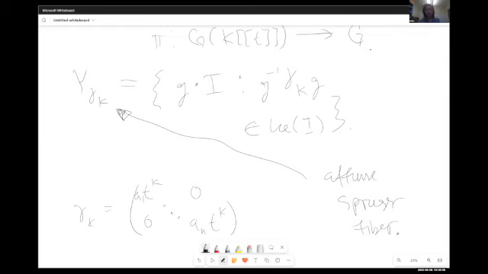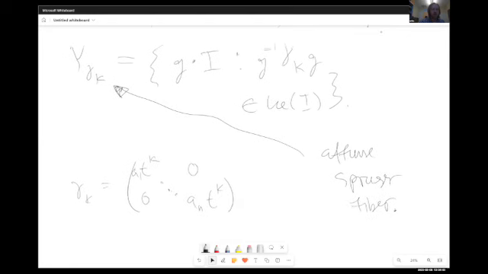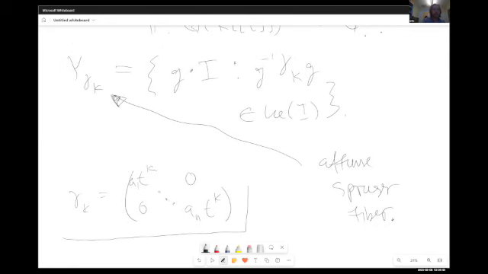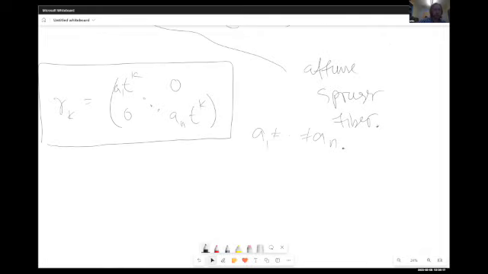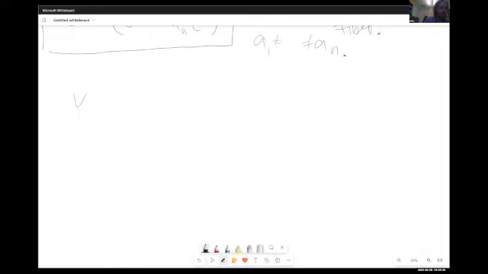And the particular one that corresponds to this module M is the one where my input matrix is a diagonal matrix times the power of T. And so now, saying that the fixed point set with respect to the n-dimensional torus.